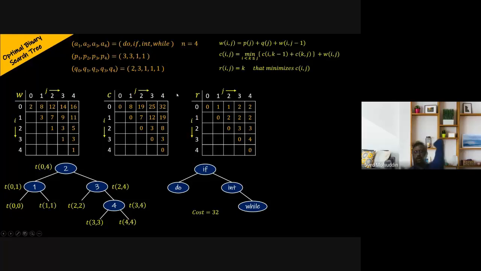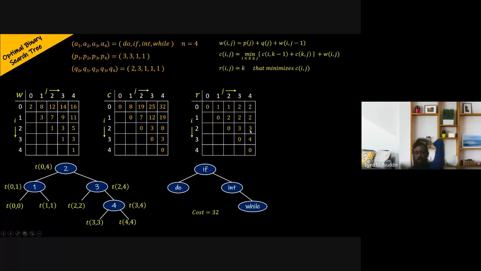So only one node at a time is selected. So we have 1, 2, 3, 4 values. Then we considered trees with 2 nodes at a time. So we got this value, this diagram.